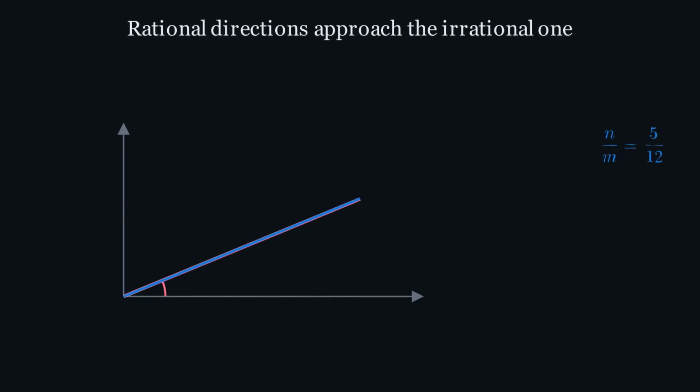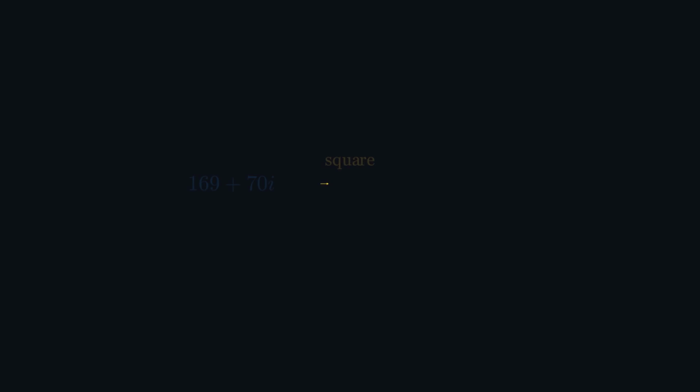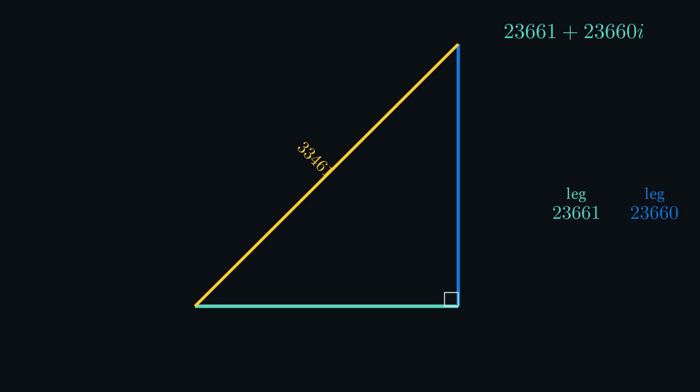Rational approximations to square root of 2 minus 1 produce Pythagorean triangles whose legs are extraordinarily close. 70 over 169 is one such approximation, and it generates legs 23,661 and 23,660, consecutive integers. The hypotenuse is 33,461. The lattice can get arbitrarily close to the ideal irrational direction without ever landing exactly on it. So whole number right triangles can become almost perfectly balanced but never perfectly balanced.